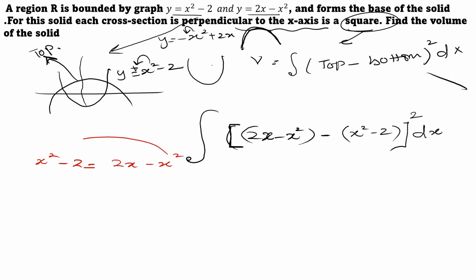Now it is a quadratic equation, so all the terms should be on one side. So x square minus 2, keep it as it is. Bring the 2x there, you will get negative 2x. Bring the x square there, you will get plus x square. Now x square plus x square, you will get 2x square minus 2x minus 2 equals 0.